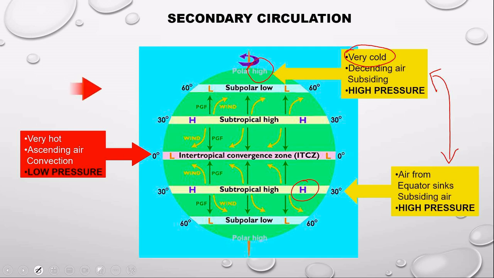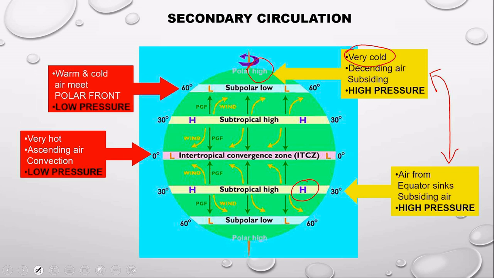Okay? Now, let us look at 60 degrees, the subpolar low. Often referred to as the polar front. This is where the cold air from the polar high meets the warm air from the subtropical high. They meet along the subpolar low pressure. Again, where there's a low pressure, there'll be surface convergence of air.